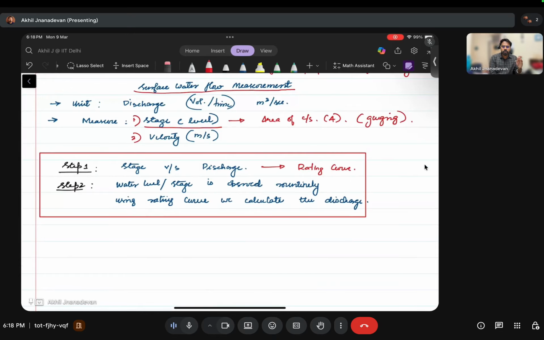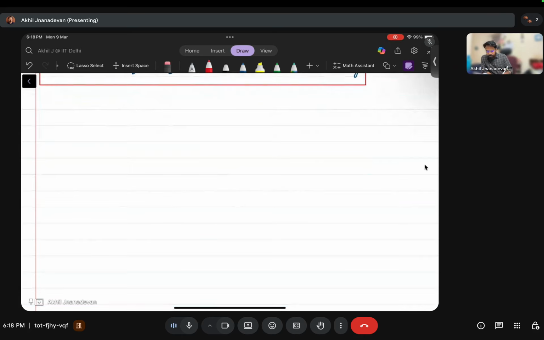So a rating curve is a curve of discharge versus stage, right? So how the stage-discharge relations can be made is basically how the rating curves can be made, right? For that we will be making use of the continuity equation.